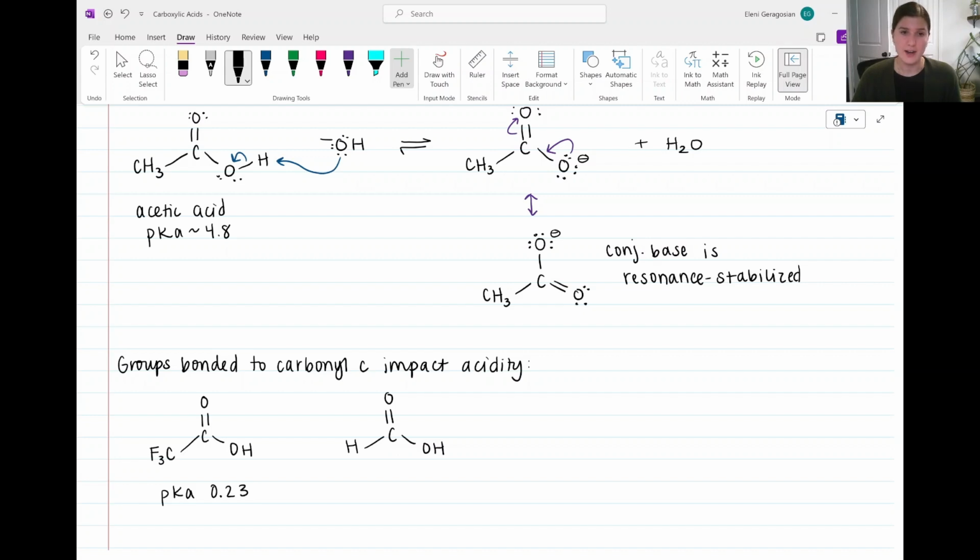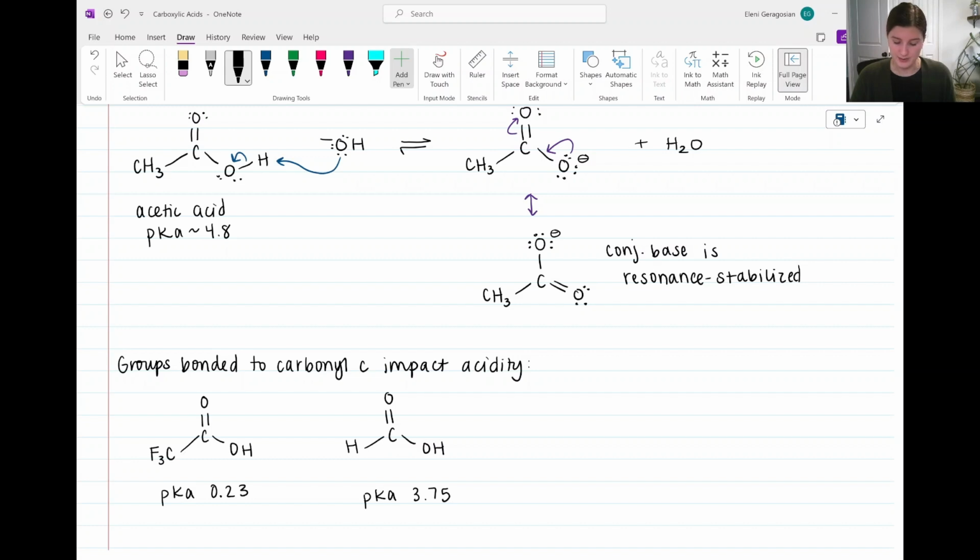So having a hydrogen instead of a methyl group means that there's lower electron density throughout the molecule, and that increases the acidity of that molecule, which means that we're decreasing the pKa. So the pKa is slightly lower, about 1 pKa unit lower, 3.75 for formic acid.